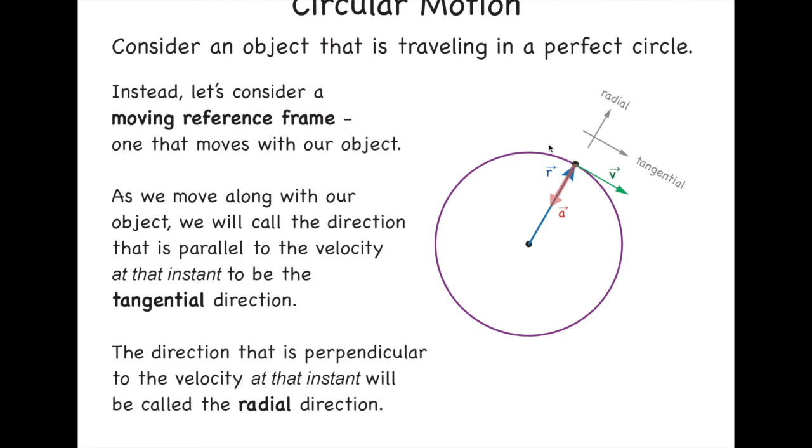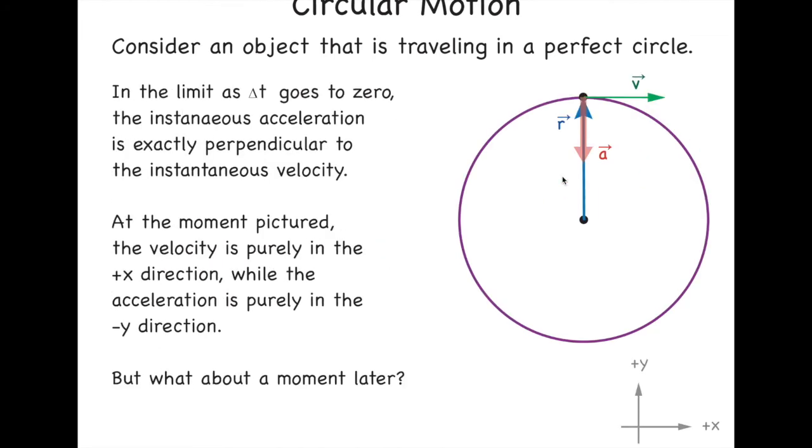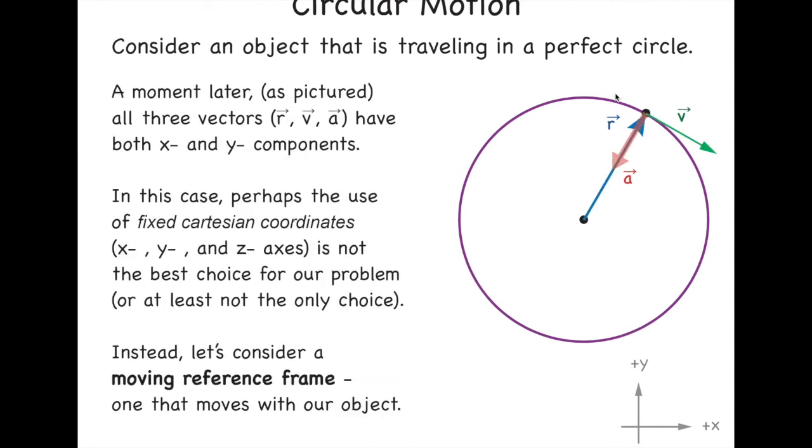So as we move along with the object, we'll call the direction that's parallel to the velocity the tangential direction. That was what was previously the x direction. But now we're going to let that x, y axis rotate along with us.